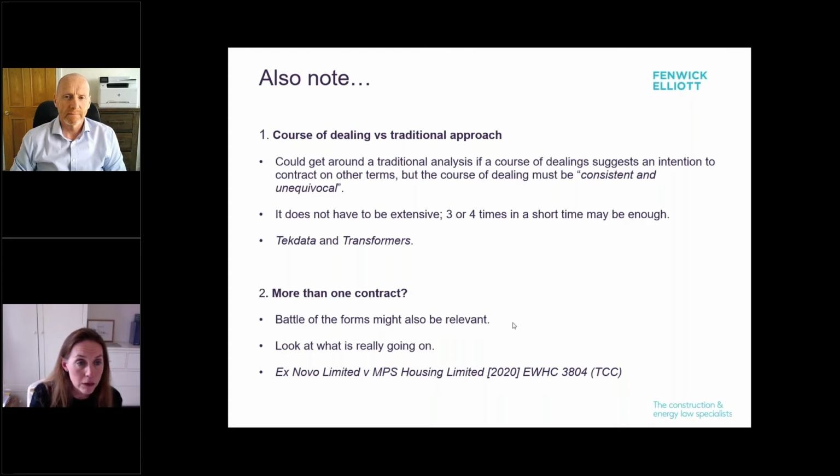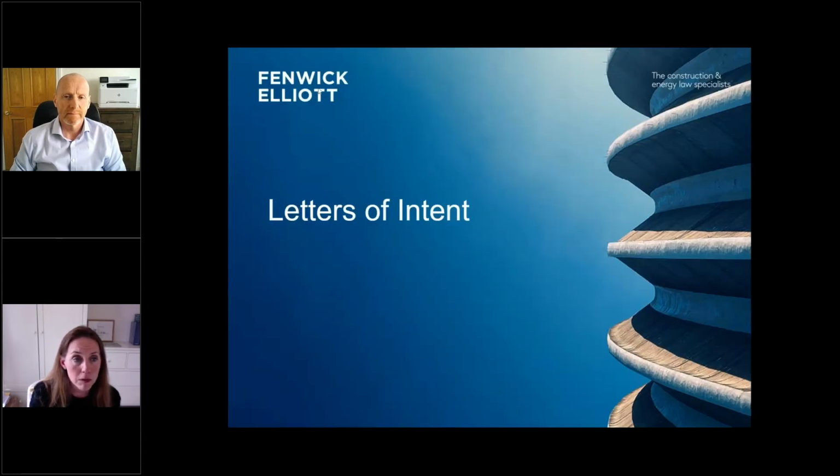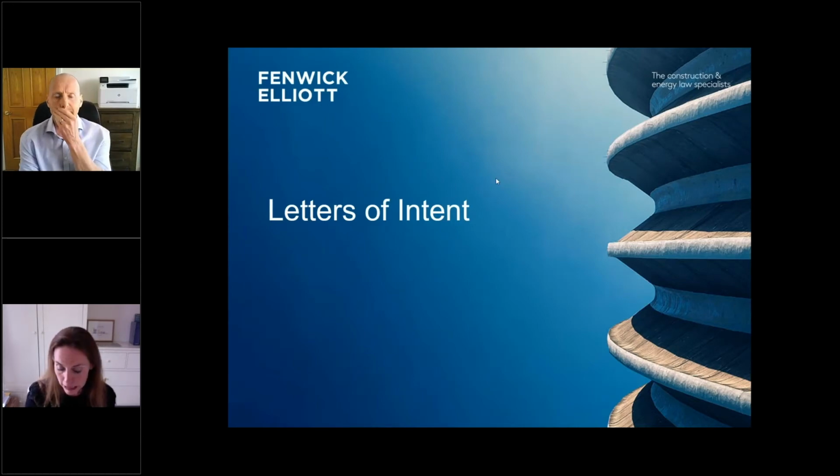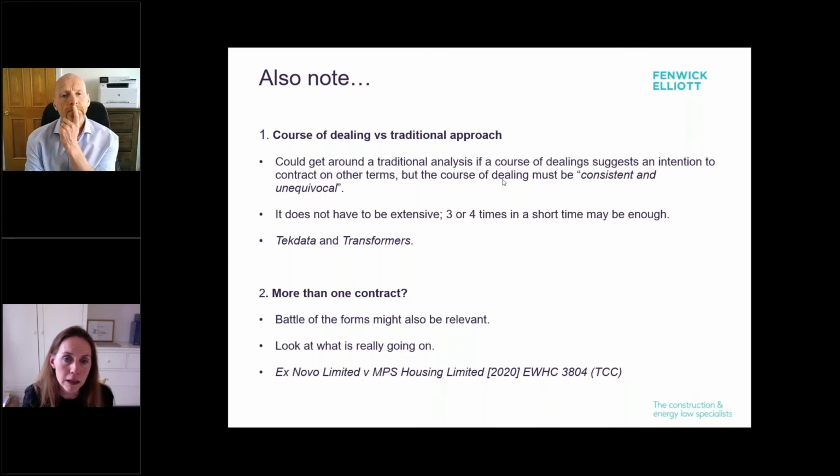And the final point here to note is that sometimes linked with Battle of the Forms arguments is a question around how many contracts there actually are. So I've seen this several times where you have, for example, concrete deliveries where there might be one project, but actually several orders are placed, many orders can be placed, and questions have been asked, does each one of those orders constitute a separate contract, or are they all part of the same one?